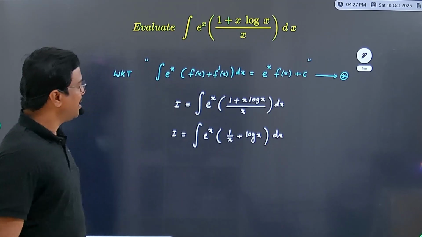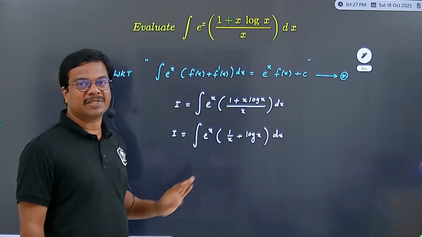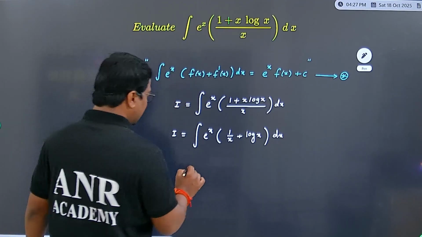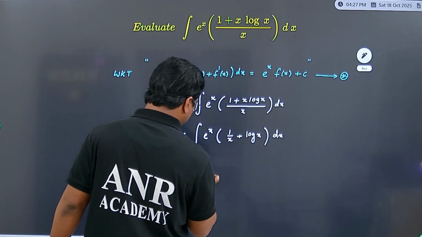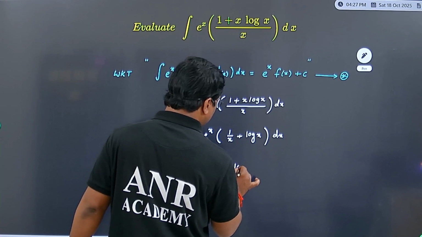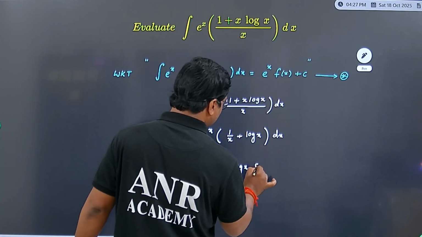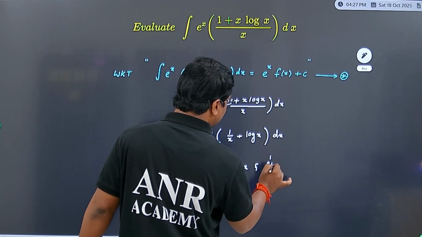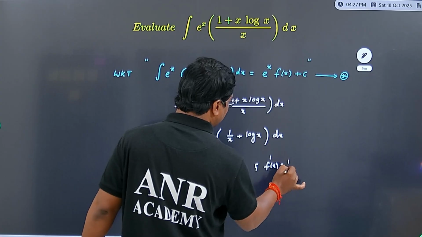Now it looks like e power x into f of x plus f dash of x. Here f of x is log x and f dash x is its derivative, log x derivative 1 by x.